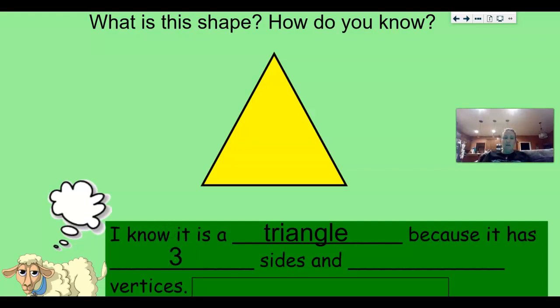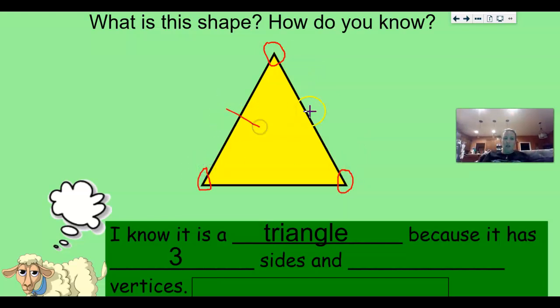And how many vertices? You remember that word vertice? Vertice means the corner. It's like the part of the table, if you bump on it, you hurt yourself. That's what a vertice is. Let's circle the vertices. 1, 2, 3.